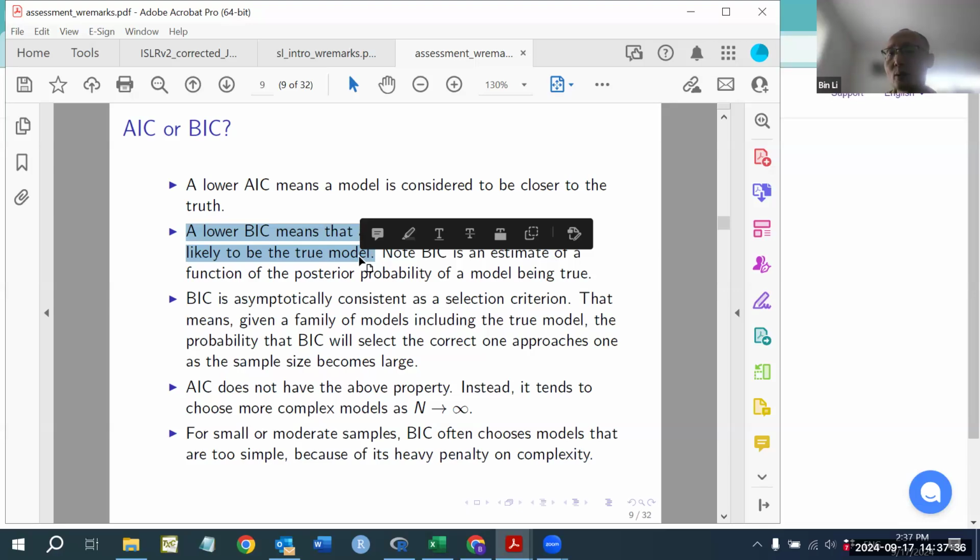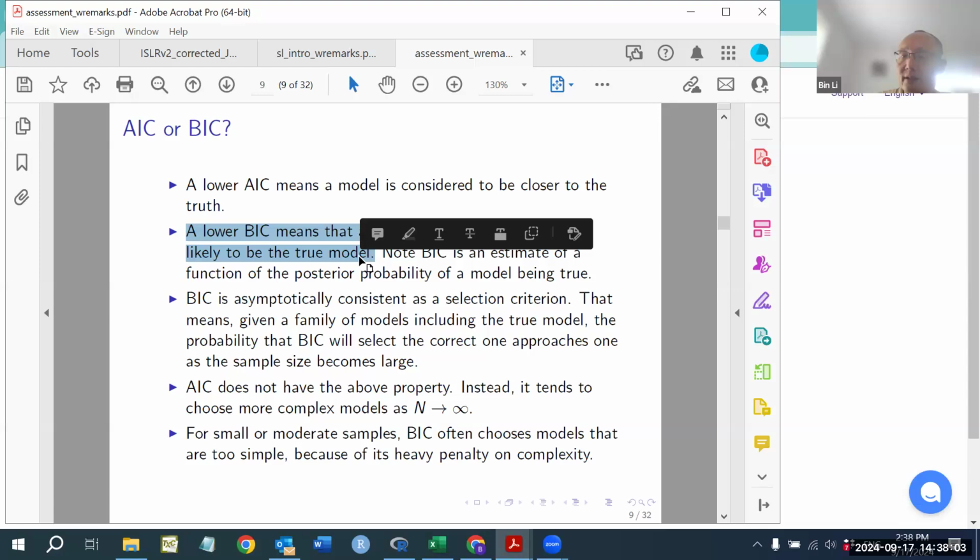The true model is somewhere else. So here I use AIC to pick the optimal model, that is, the model in my model space that is closest to the truth, which may not be in the model space that we explore. And that's AIC. BIC assumes the true model is in the model space that I explored.